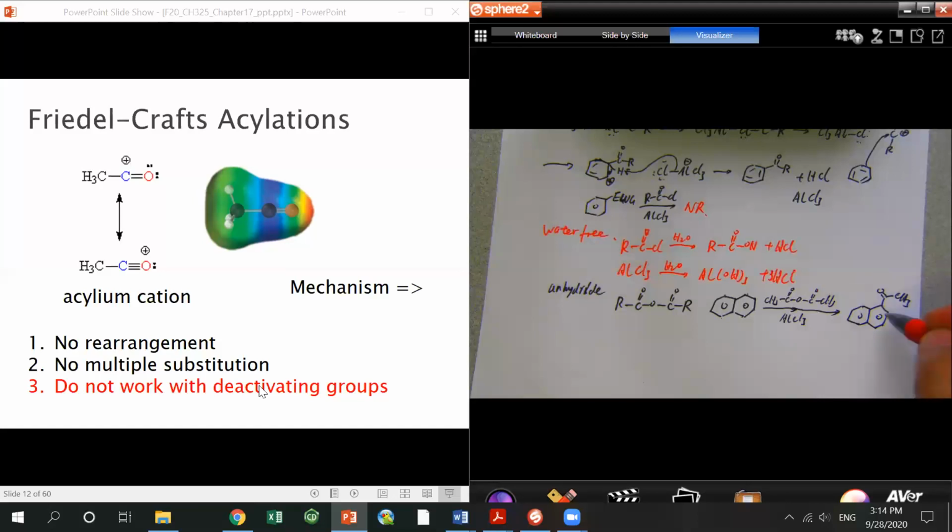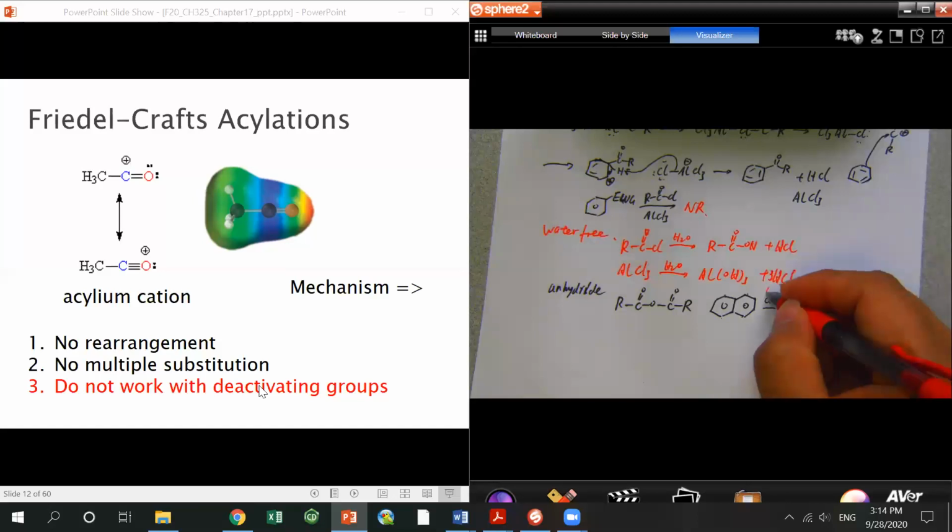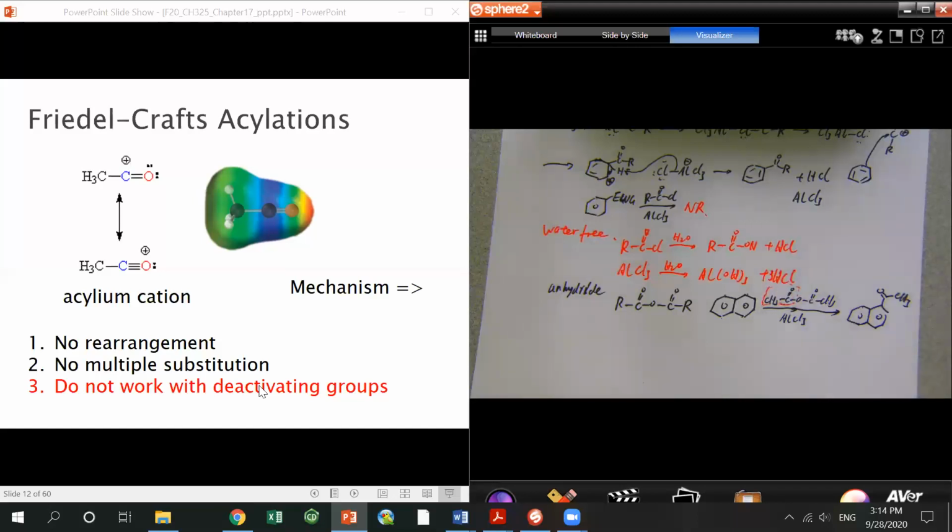And for Friedel-Crafts acylation, reactions quite often use intramolecular reactions. I have one example here.